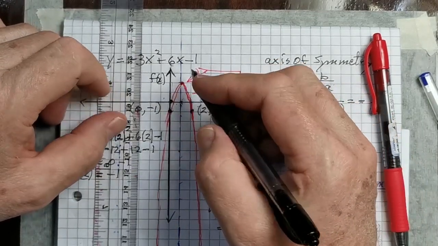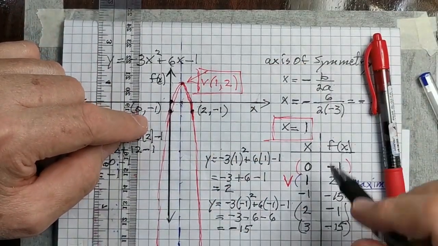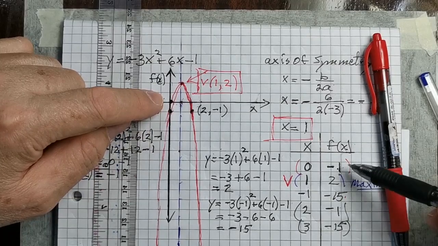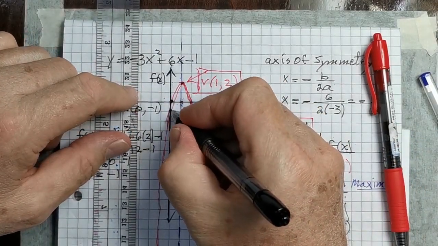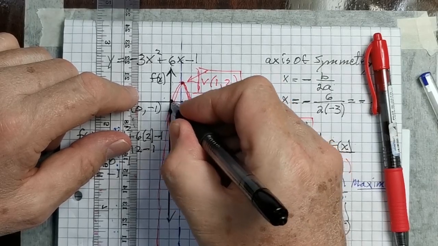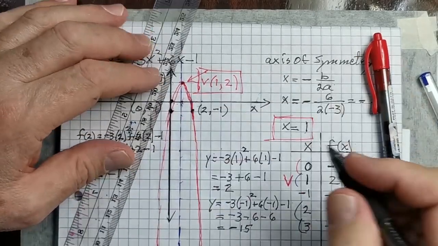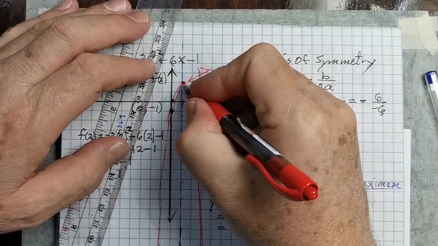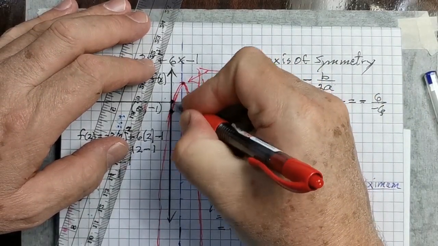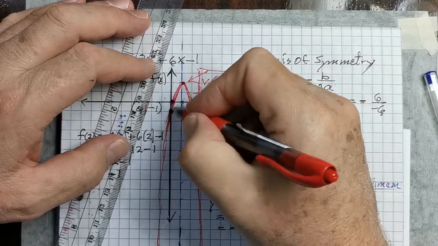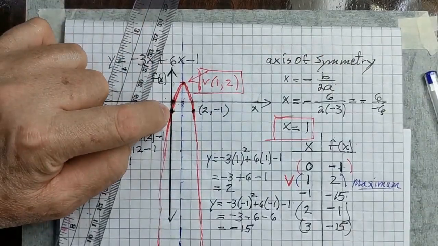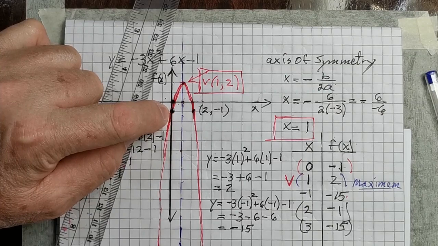Well, we know that when we put in the value of 0, we got out negative 1. Right there. 0, negative 1. Does that make sense? That's my y-intercept, isn't it?